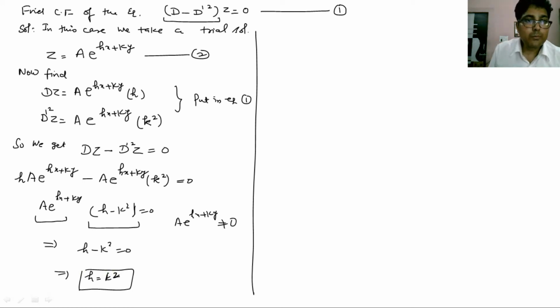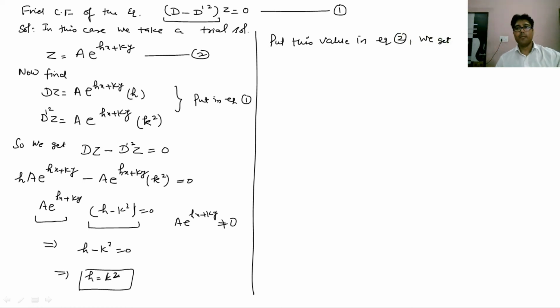Now put this value in equation second. We get z = a e^(hx+ky), where the value of h is k square, so z = a e^(k^2 x + ky). Clear?